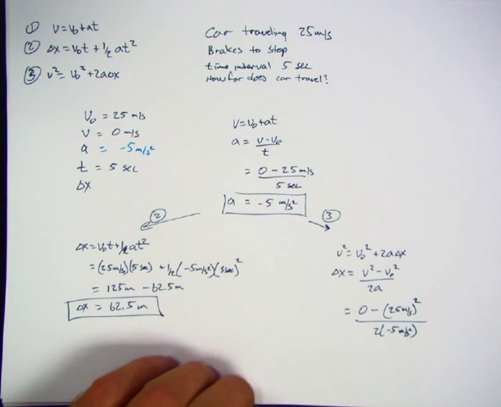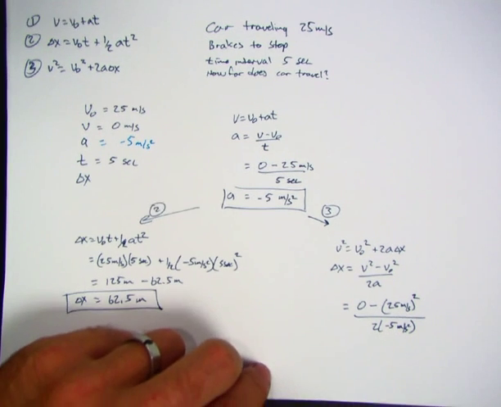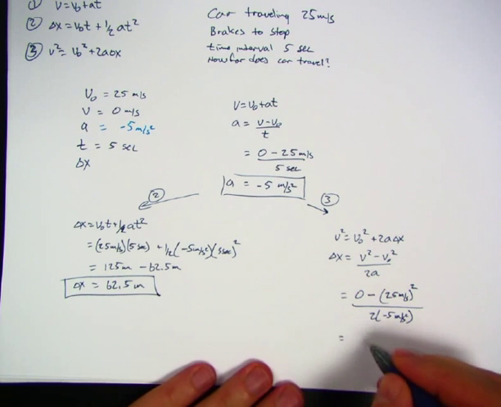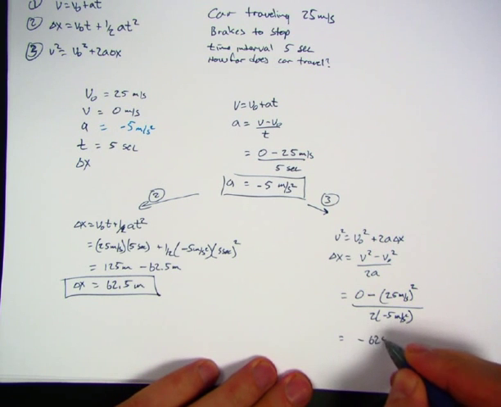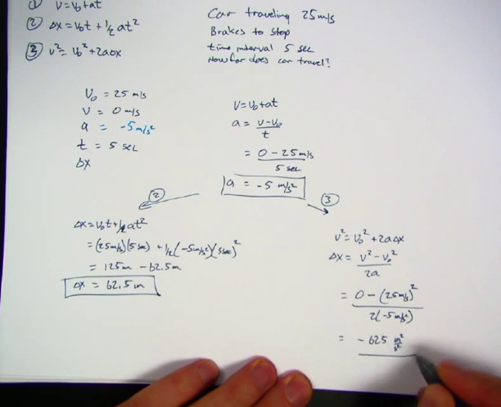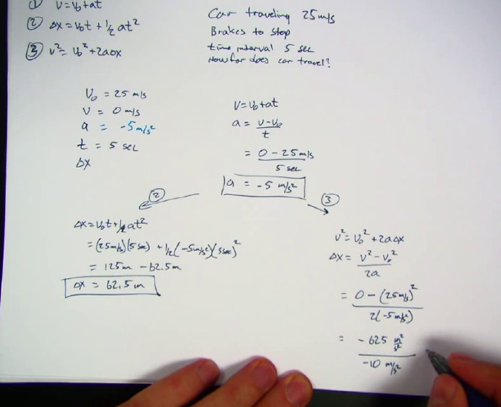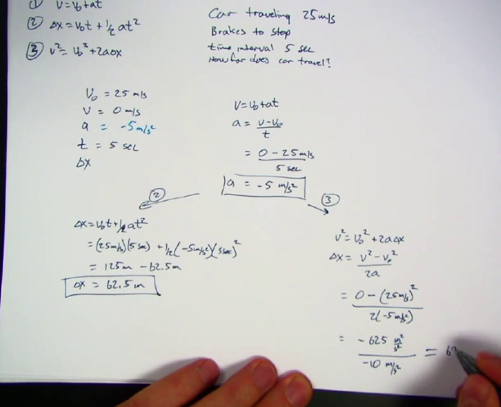Okay, so 25 times 25 gives us minus 625 meters squared per second squared over minus 10 meters per second squared, which means all my units work out, meters squared over seconds squared. I'm going to end up with plus 62.5 meters.